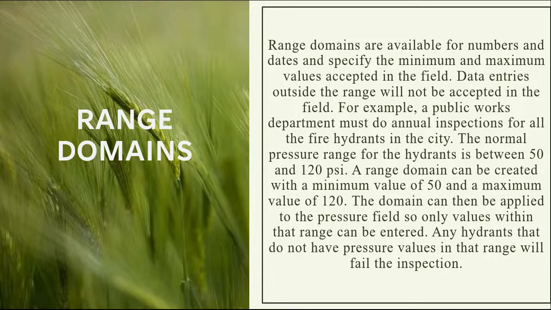So any hydrant that does not have pressure values in that range will fail the inspection. Now that has helped, instead of just putting different things. This is the acceptance value between 50 and 120. So any value that is not within this has failed the inspection. Any value within this has passed the inspection.